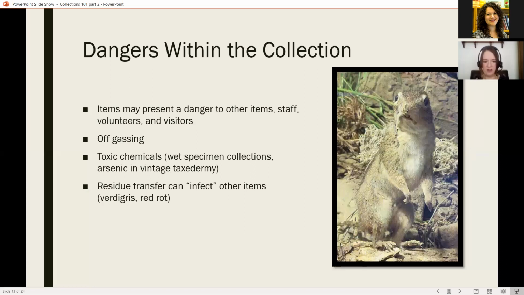And verdigris is a green discoloration on some types of metal. Stuff like this can transfer to other items if they're touching. So if you see something in your collection where you think, oh, that item is infected, this can spread to other objects, so it's best to isolate it and not let it touch anything else. And if you happen to touch that item, make sure you change out your gloves and wash your hands before you handle anything else.